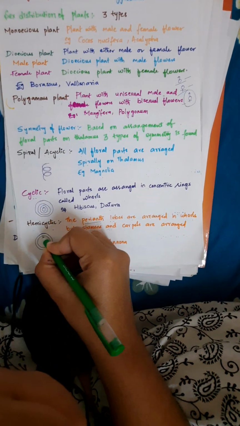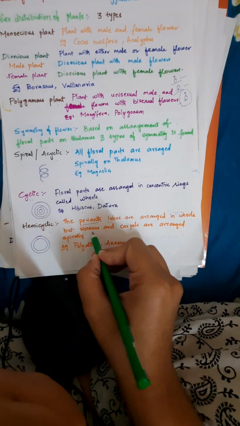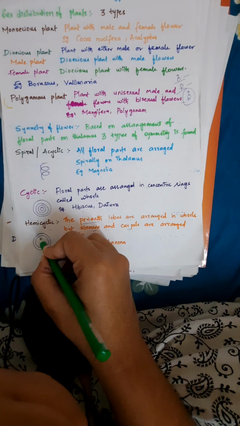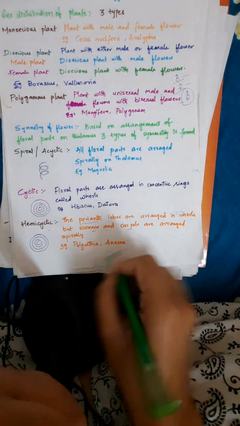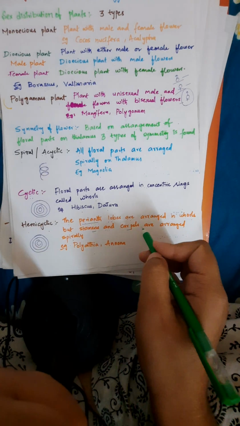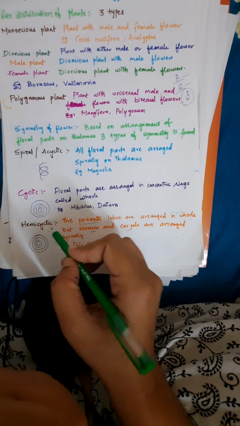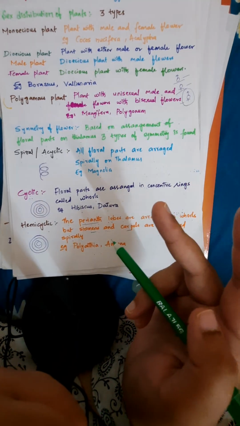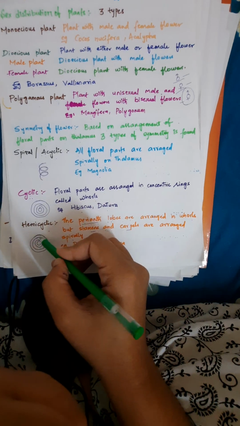So both of these are arranged in the form of whorls, whereas the stamens and carpels are arranged in this way, spirally. So here only two parts, calyx and corolla, are arranged in the cyclic manner.